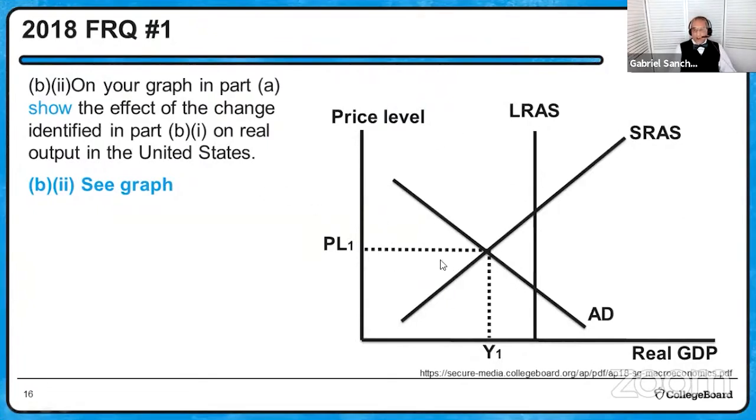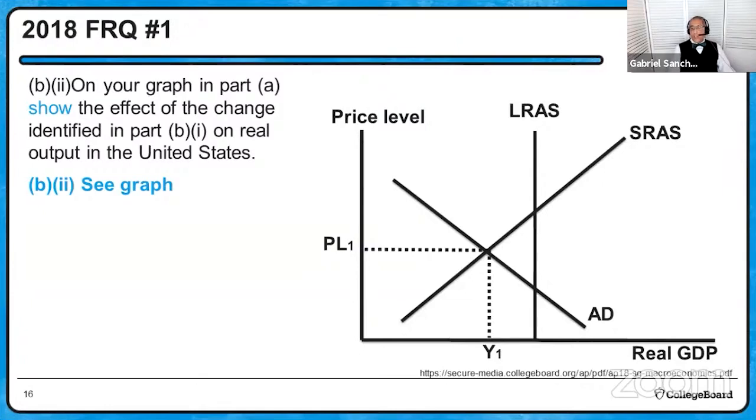You've already drawn it correctly, and they've told us right here to use your graph in part A. So look at your graph from part A and shift either the aggregate demand curve or the supply curve. It'll either be an increase or a decrease. After you make your shift, you'll need a new equilibrium, a PL2 and a Y2.